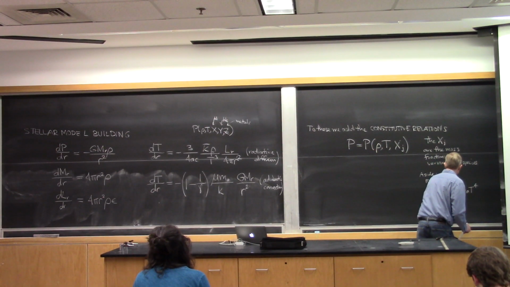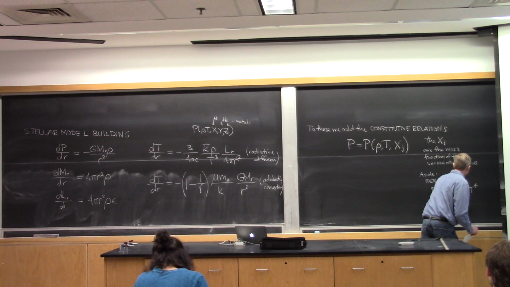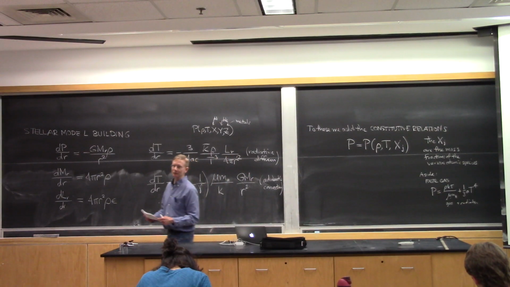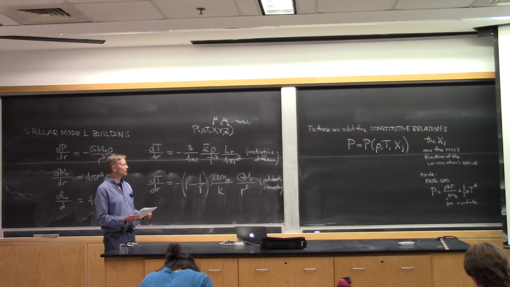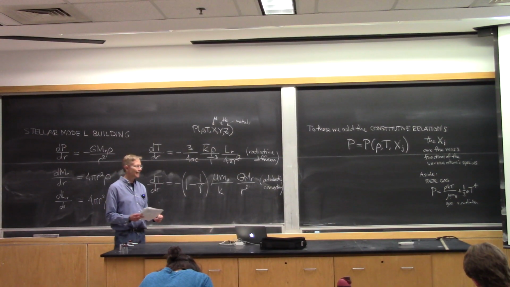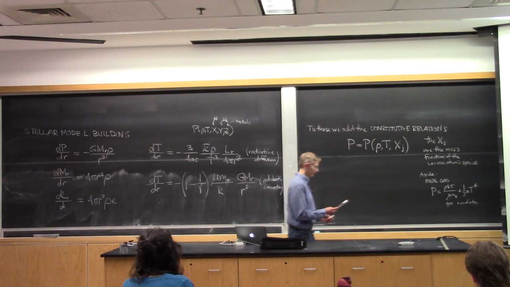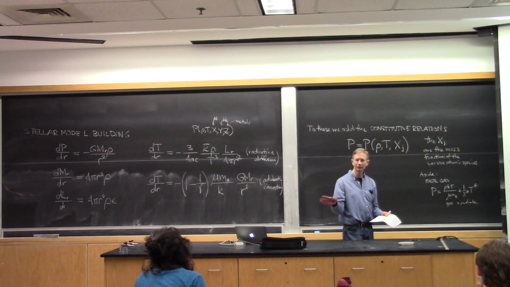So gas plus radiation. We might be able to get away with that as our constitutive relation: gas pressure rho kT over mu mH plus 1/3 a T to the fourth due to radiation, a being the radiation constant, you will recall. And just like me, I'm sure you remember its value.